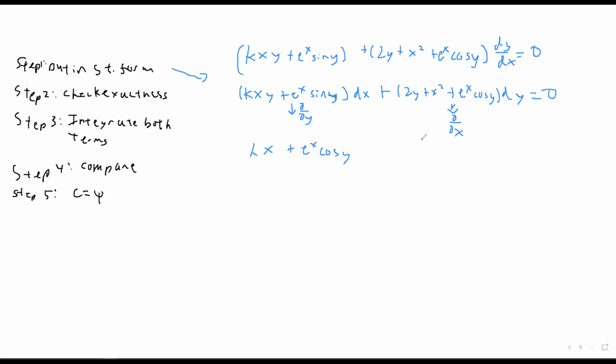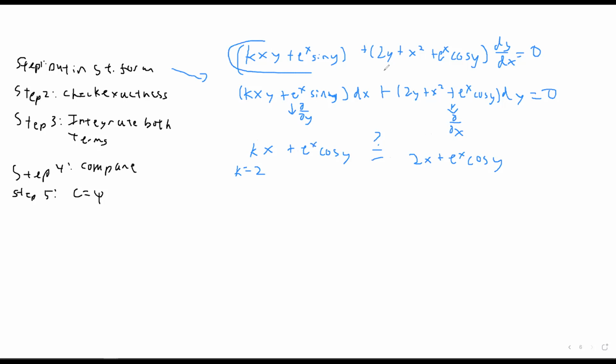Agree? The partial derivative of this term with respect to x is 2x plus e to the x cosine y. Are these equal? Once k equals 2, they are. So we write that k equals 2 to make this exact.